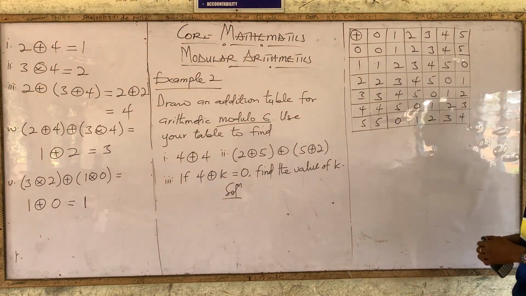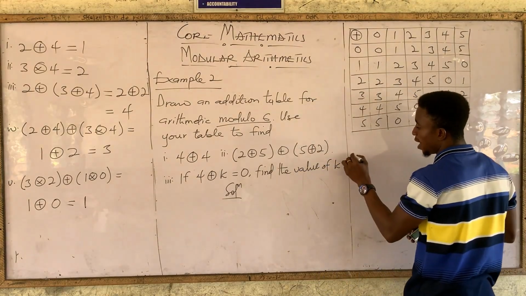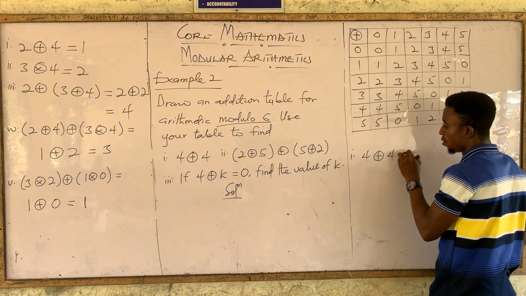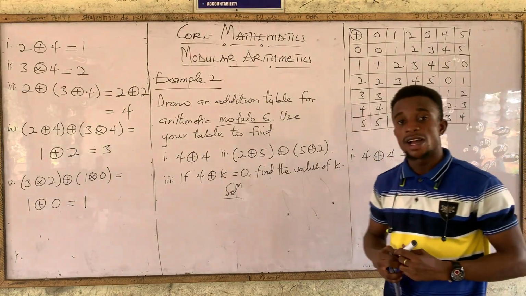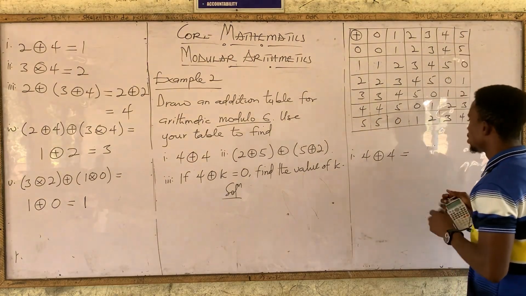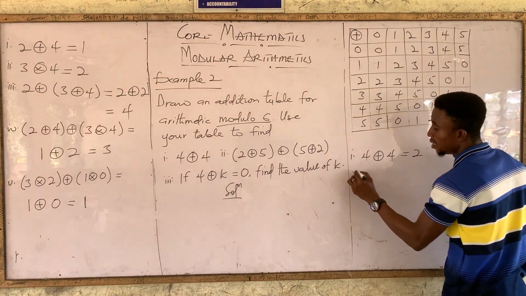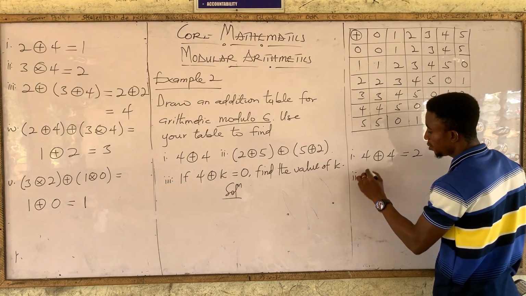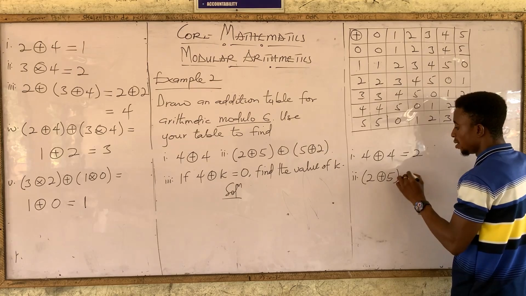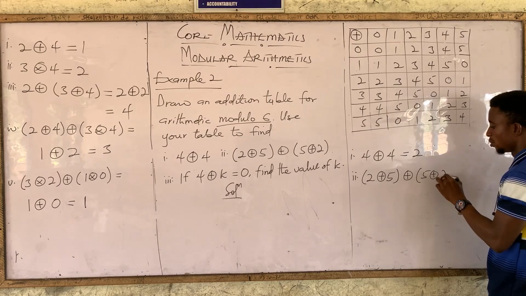Let's proceed. So now, using the table, we have to find part i. 4 plus 4. And 4 plus 4 gets you, from the table, 2. Part i says 2 plus 5, plus, in bracket, 5 plus 2.